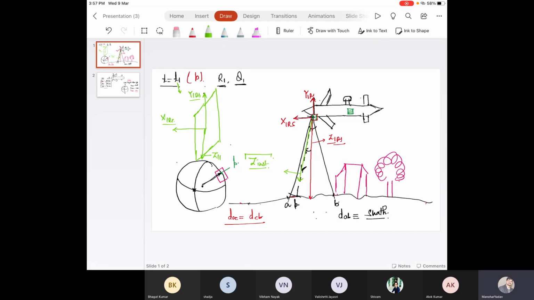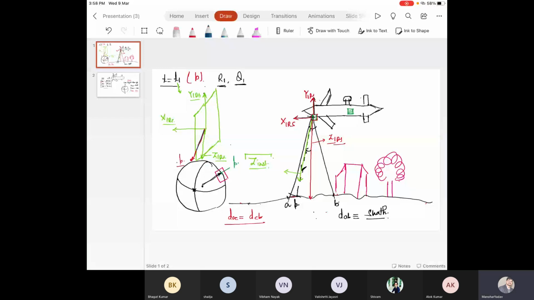What happened in the same plane? Laser beam is fired along some other direction, and it is hitting somewhere here over point P. Point P is located over here. Now what happened? We are considering this direction.